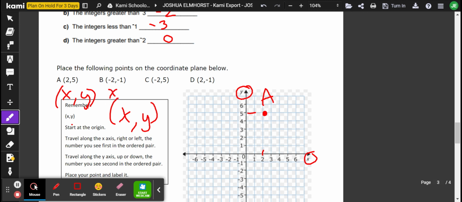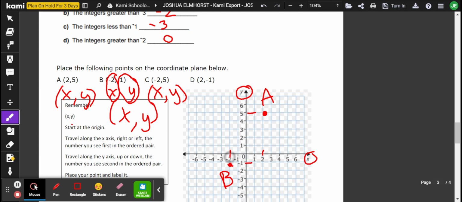So next example, x is -2, y is -1. I'm going to go on that x number line to -2, and then we're going to go y -1 and label that point B. X is -2, y is positive.